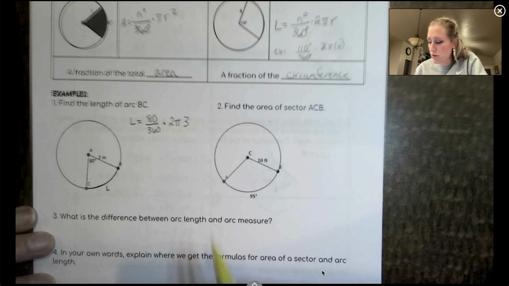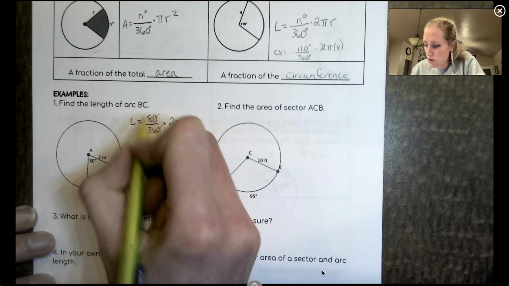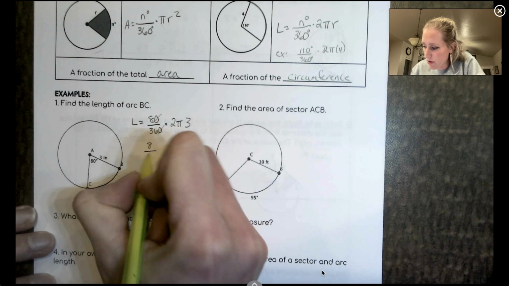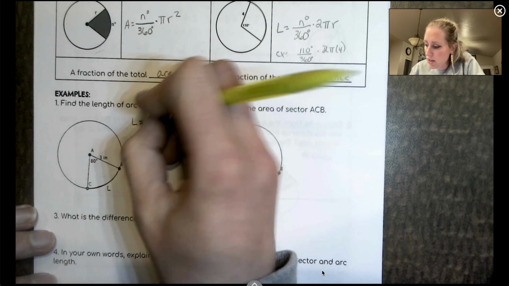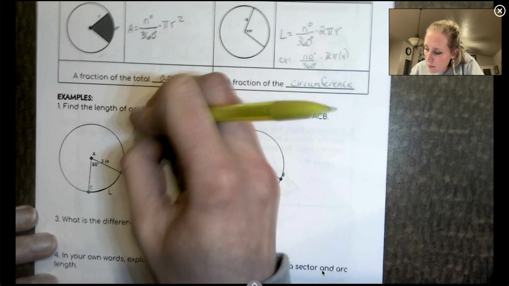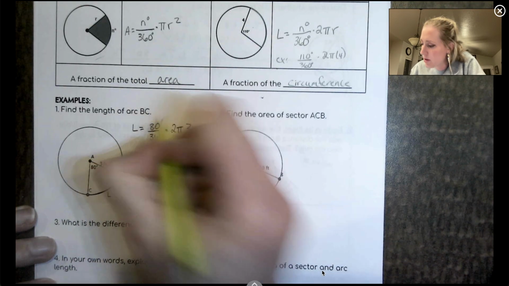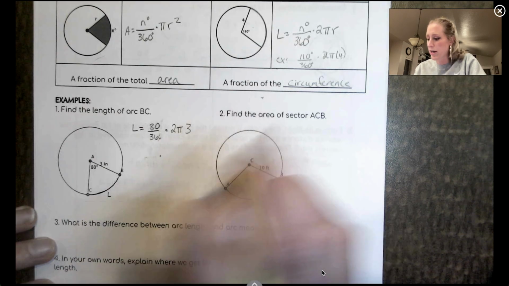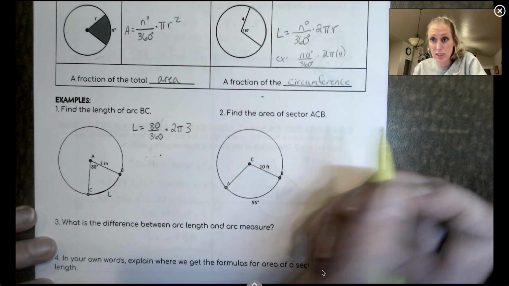I'm going to do a little simplifying. 80 and 360 are both divisible by 10, so I can reduce that to 8 over 36 times, but I'm going to show you a little simpler way using our calculator. I'll have your teacher show you this on the TI-30 in class.